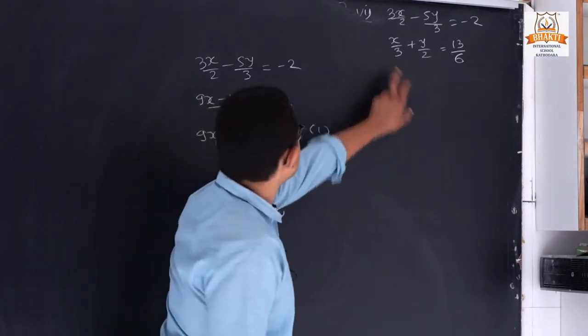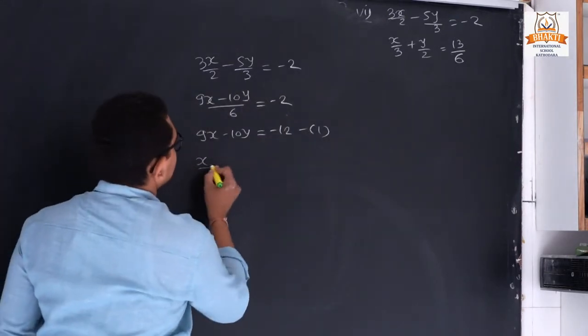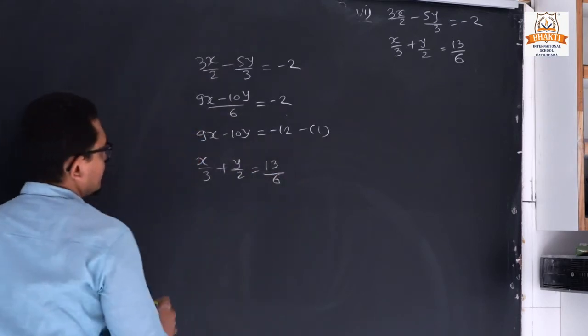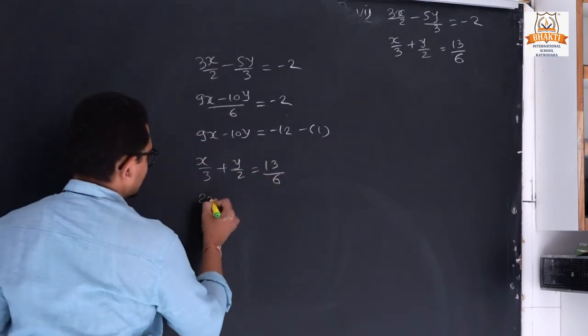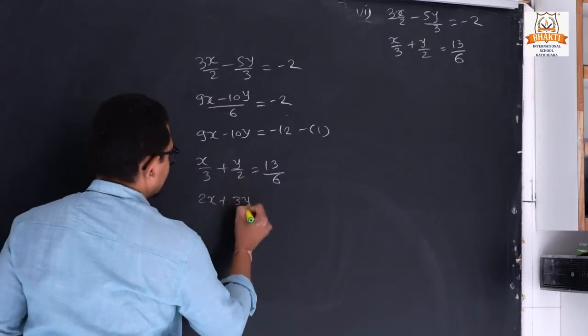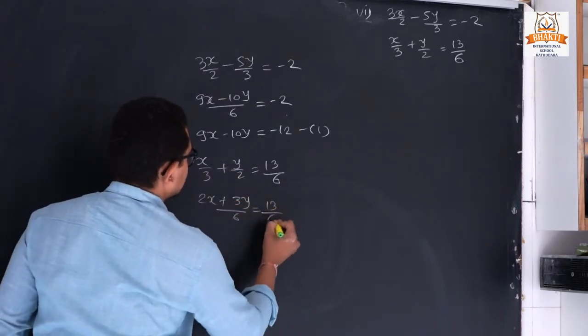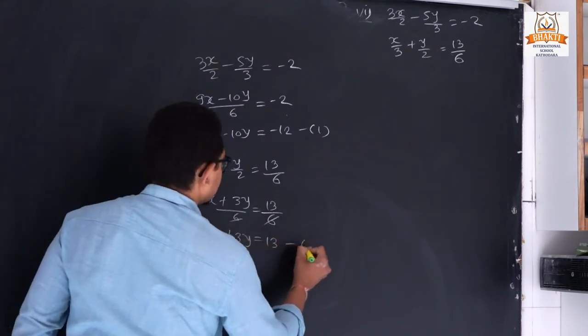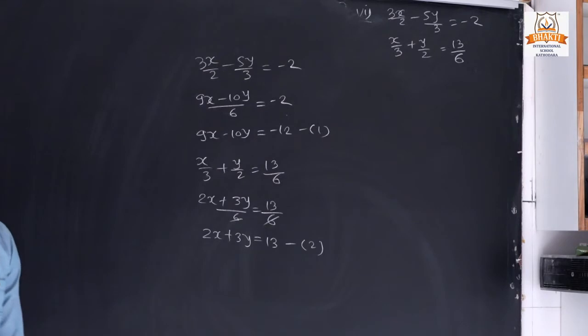Similarly, we can also simplify our second equation. So see, 2 into x, 2x, 3y upon 6 is equal to 13 by 6. 6 6 cut. So 2x plus 3y is equal to 13. It is the result number second.